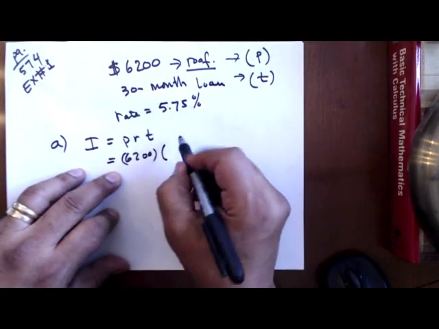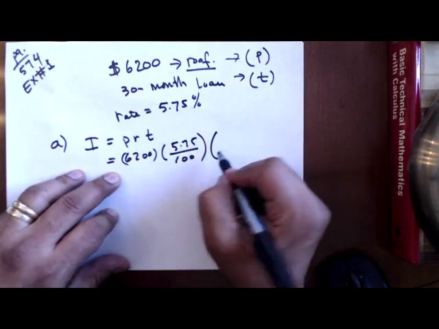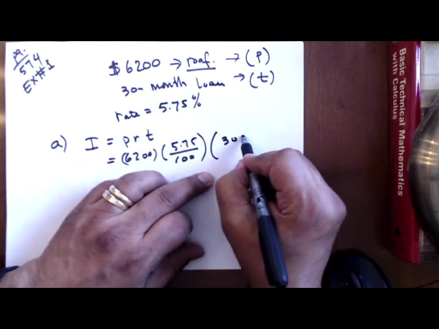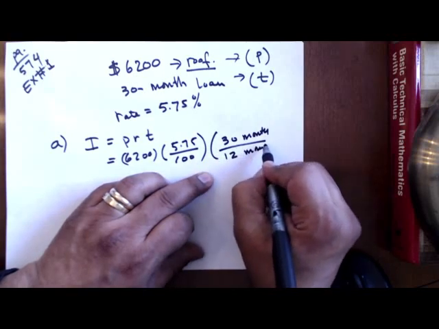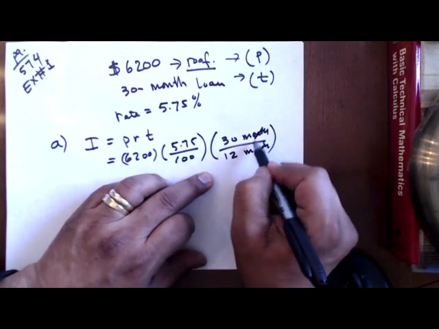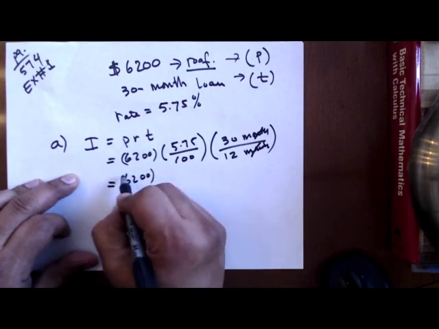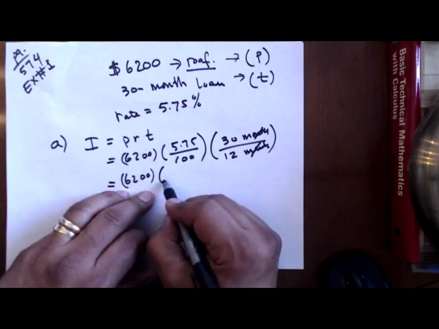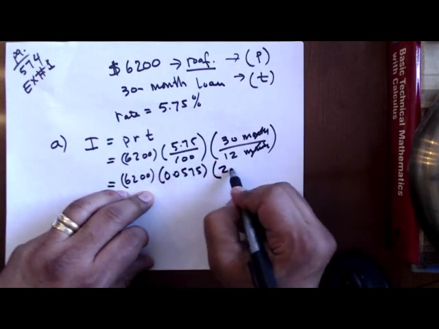The rate is 5.75 divided by 100, times the time. And remember, the time is going to be in years, so we need 30 months over 12 months in a year. That converts this quantity into years. So this cancels with that, and now we have 6200. This one, we move the decimal point 2 spaces, so we get 0.0575, and here this one gives us 2.5.